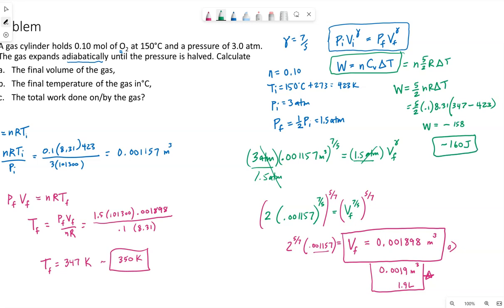Now the negative means energy left this gas. It went to the surroundings. But V final is bigger than V initial, so it expands. The gas is pushing out on its surroundings, so that makes sense. The energy is leaving the gas to go to the surroundings.